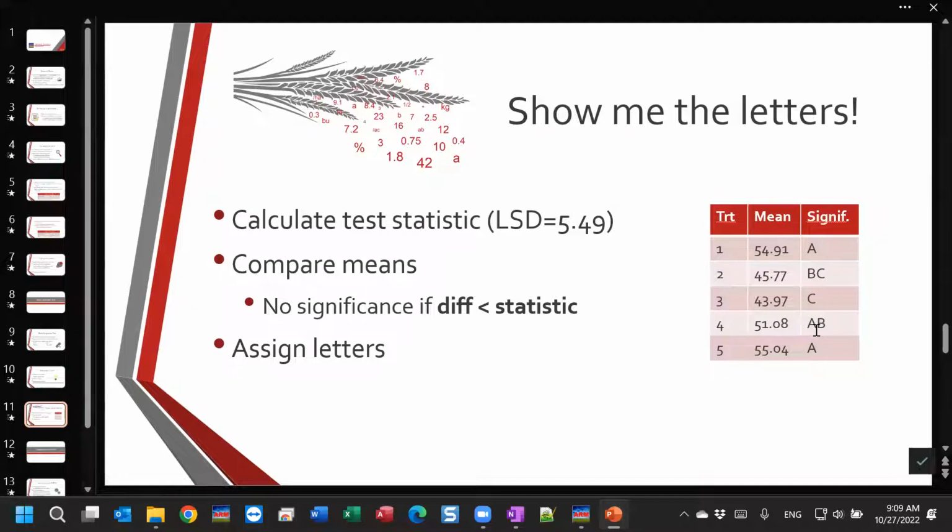So anything that has the same letter, for example, treatments 4 and 5 both have the letter A, so our analysis tells us that the difference between these two treatments is not significant. We don't see any indication that those are different enough. However, treatment 3 and treatment 4 have no letter in common, and so that would tell us that those two treatments are significantly different. So now, how to read those letters.